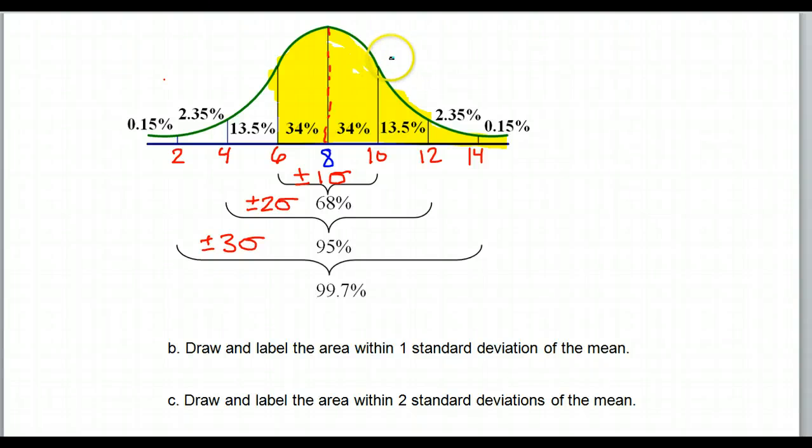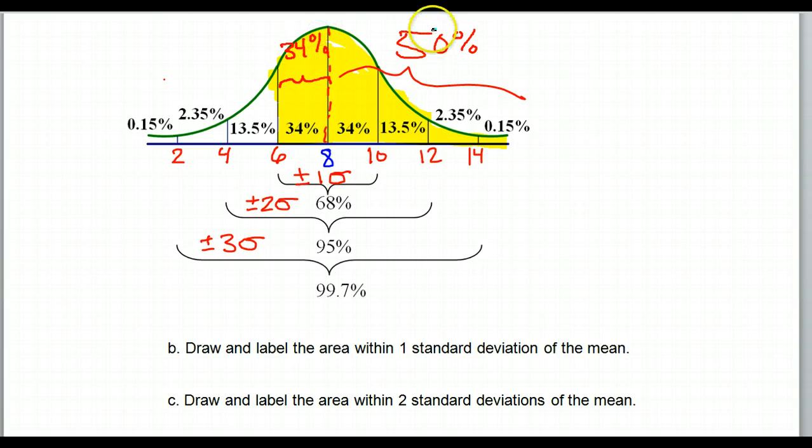So this part of the graph over here, at a glance, you know is 50%. And then this part of the graph right here, of course, is 34%. So in 2 seconds, you can just go, okay, 50% plus 34%, that would be the whole thing.